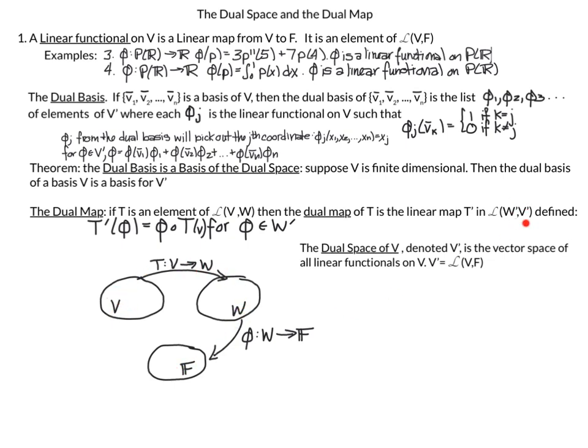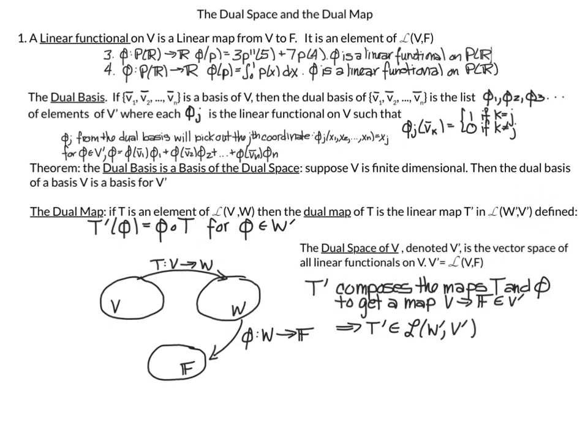In other words, it gives us a mapping to the dual space of V. I have this summarized here. Now the dual map of T composes maps T and phi to get a map from the vector space V to the scalar field F. And our new function that we get with this function composition is now part of our dual space of V.